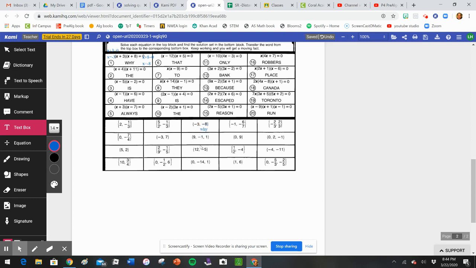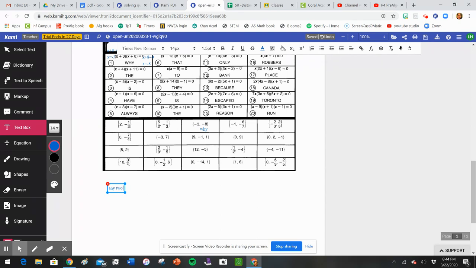Now, speaking of why does this work? If I told you that there were any two numbers that multiplied together to equal 0, what could you tell me about those two numbers? One of the two numbers is a 0.